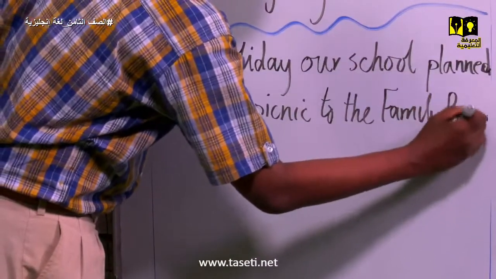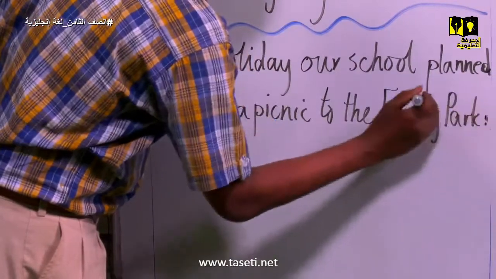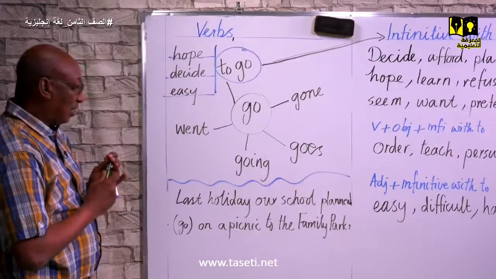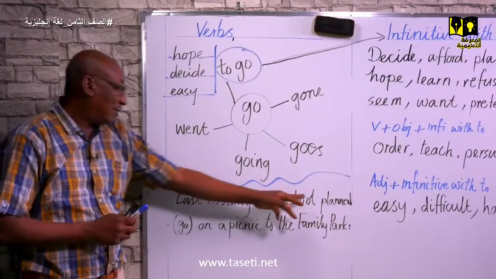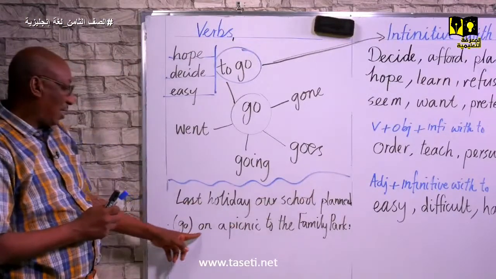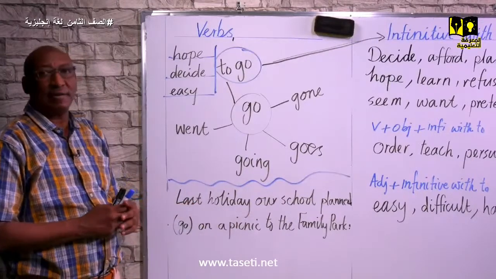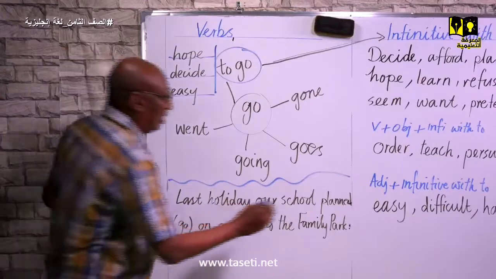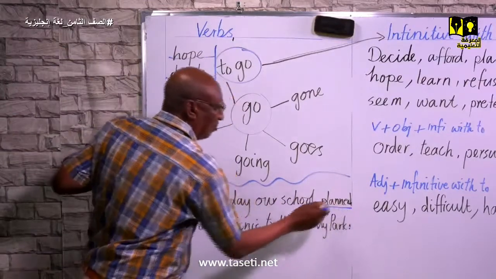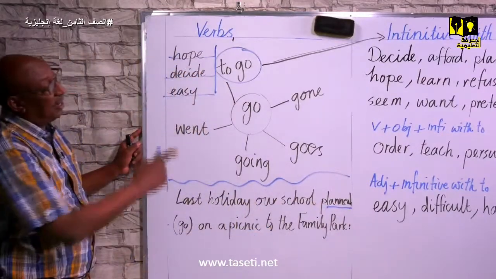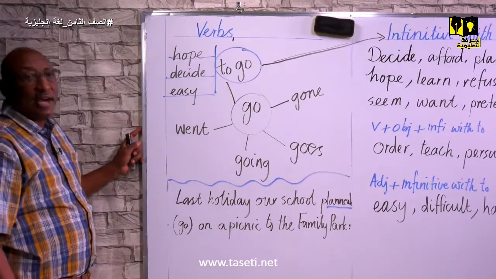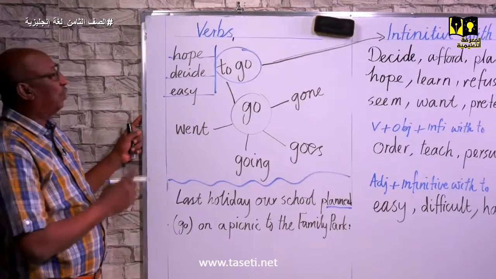Okay, have a look here. Last holiday, our school planned on a picnic to the family park. We look at the verb plan in the past, and it's one of the verbs that usually come before the infinitive with to.